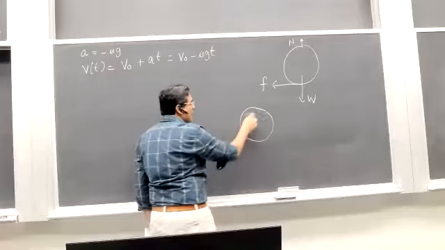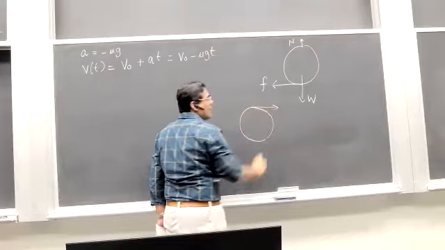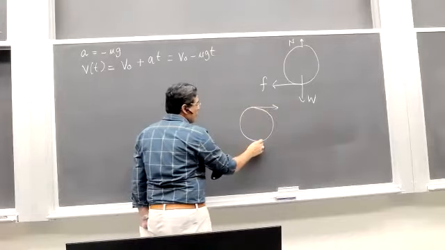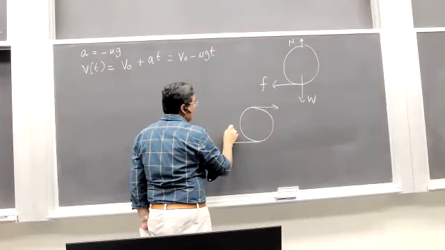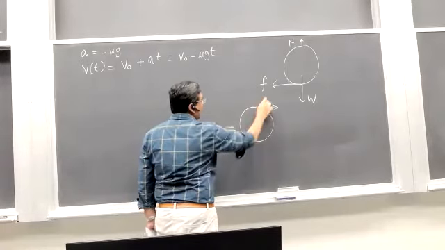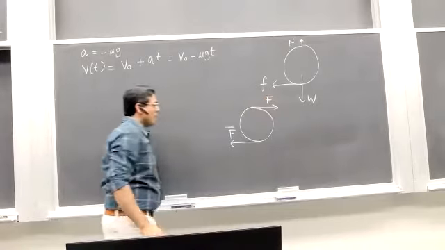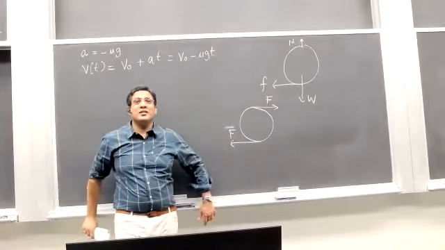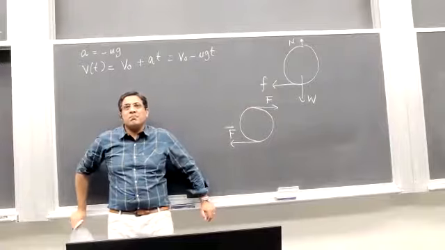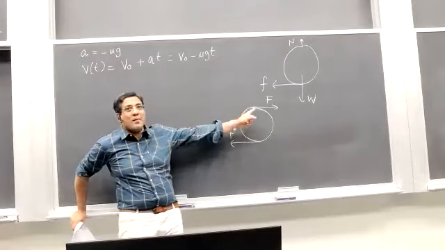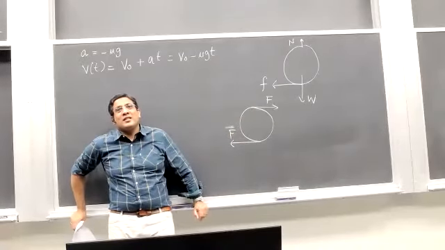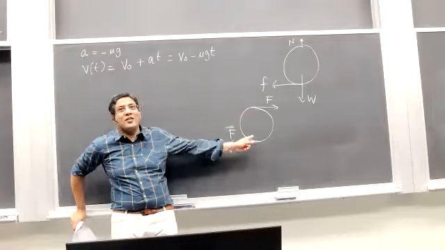If you have an object of finite size, and you're pulling on this object in this direction, and pulling here in the opposite direction with equal forces, the same force F and the same force F, wouldn't the object rotate? It would, I think. So if it rotates, that means torque is not 0, although the forces are opposite and equal. They are not collinear.